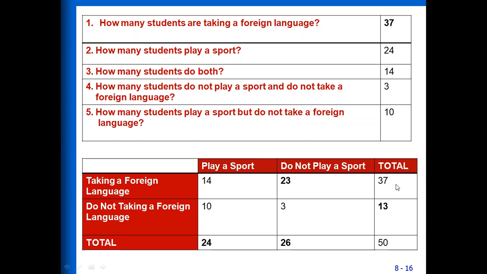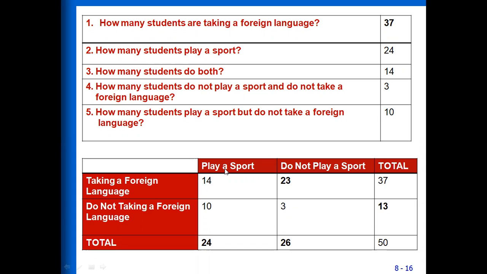Total is 37. That means 37 students take foreign language, out of which 14 are having sports as well as foreign language, that is this 14. Rest we can calculate: 37 minus 14 is 23.